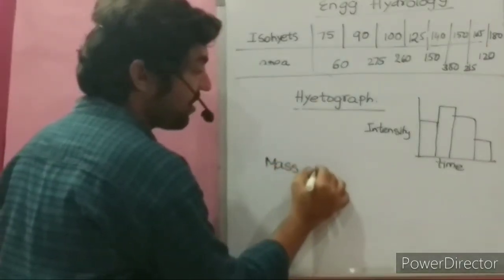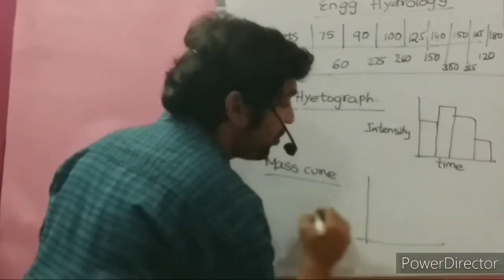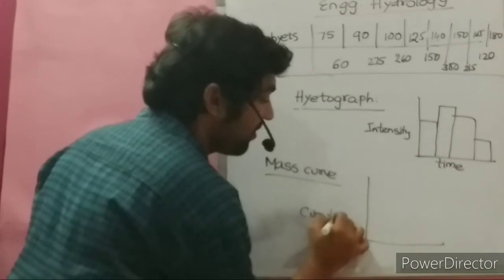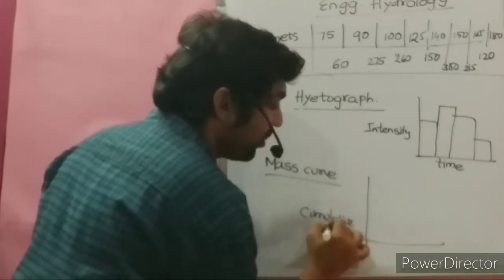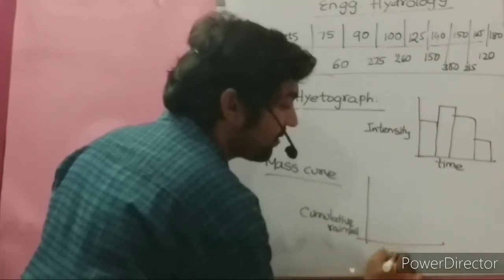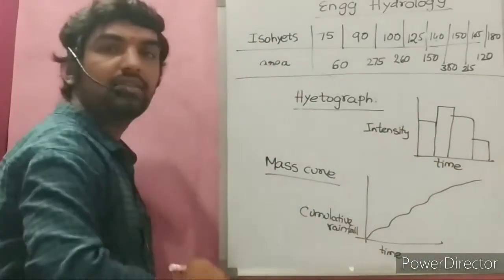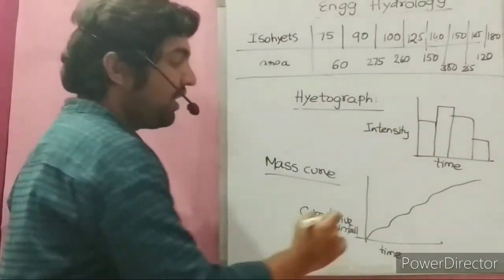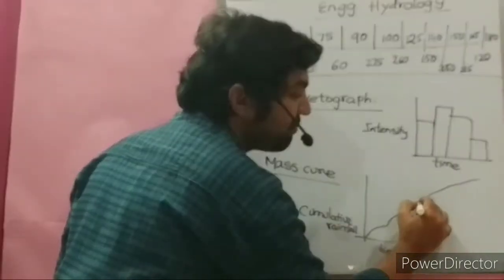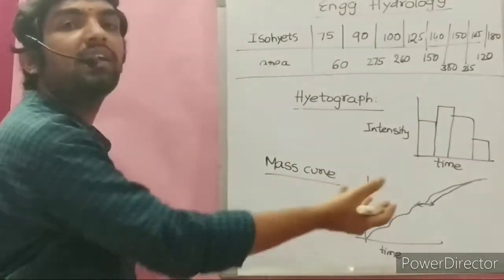Next thing is the mass curve. Mass curve is cumulative rainfall versus time. It is a continuously rising curve like this. Continuously rising, there is no break at all. If at all there is a horizontal portion, a break in this, that indicates there is no rainfall during that corresponding period.